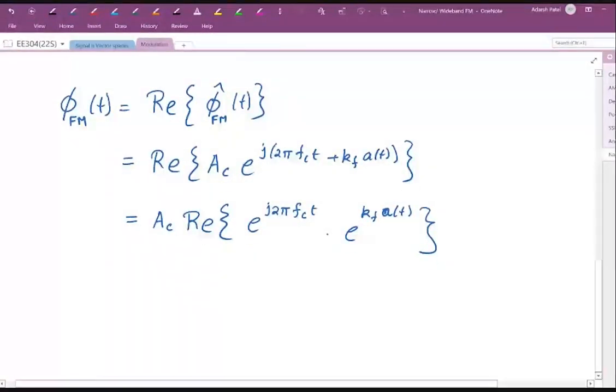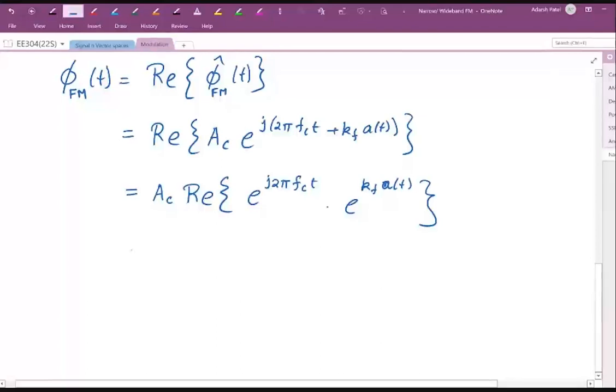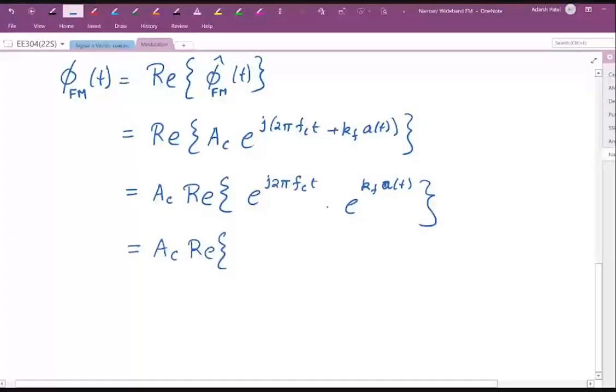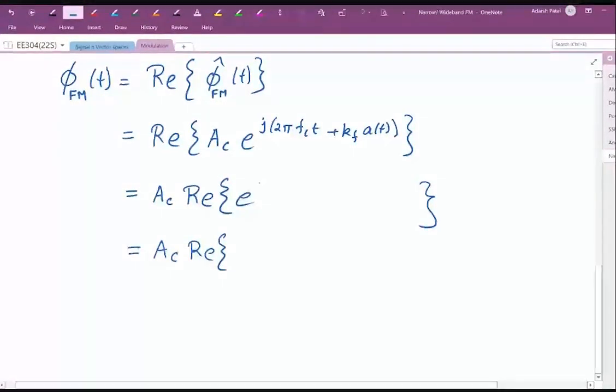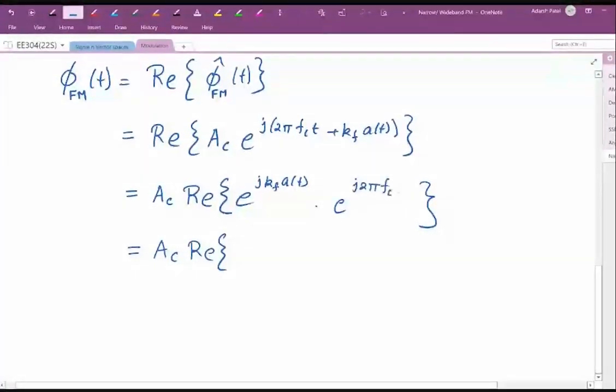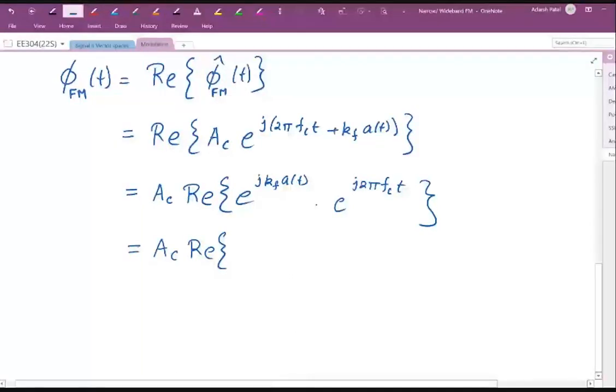Any confusions till this point? Any doubts? Okay, if not, then I will rearrange this and say the real part of, and I will take the e to the power j 2 pi fct to the other side.